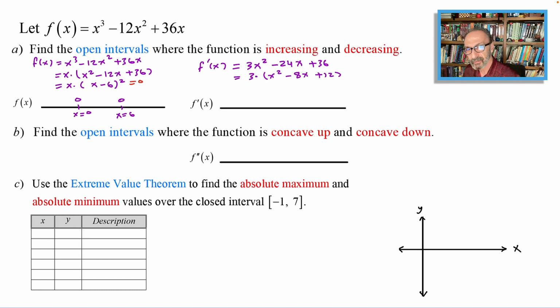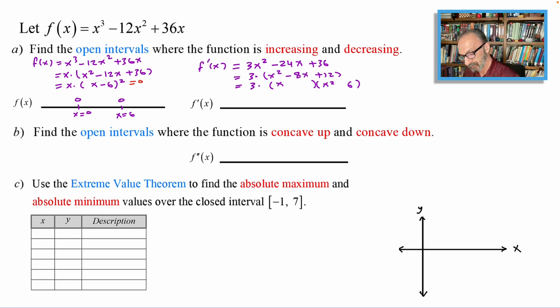The inside part is a second-degree polynomial that is factorable. That's going to give me 3 multiplied by x times x, which gives me x squared. 12 will be 6 times 2, which gives me the 8 in the middle. So I'm not going to pick 12 and 1 or 3 and 4. We'll pick 6 and 2.